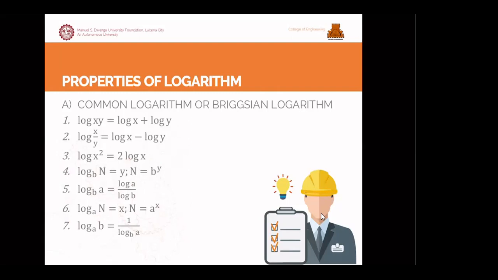Okay? And then, to change yung base natin, ayan, log of b. So, ito, naging 1 lang siya dito. Kasi yung b natin, sabi ko nga, is used as, ito, dapat siya is log b over log a din.